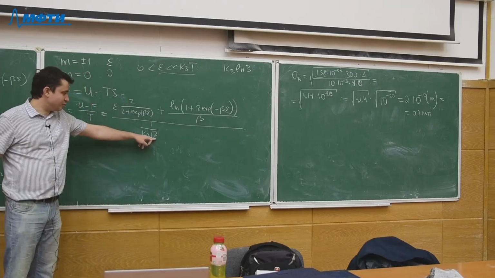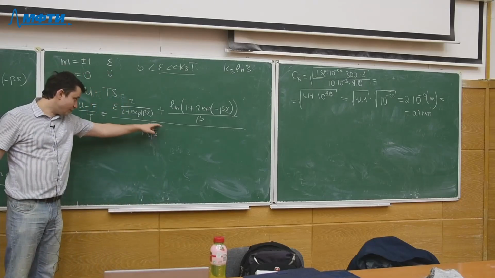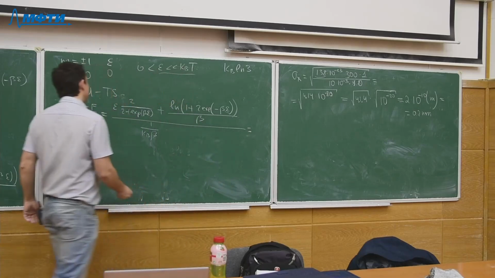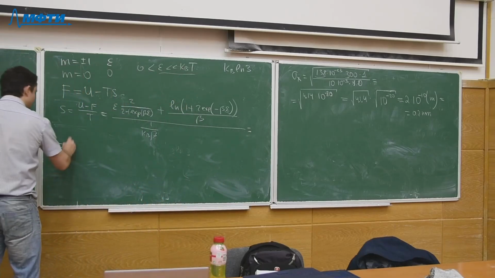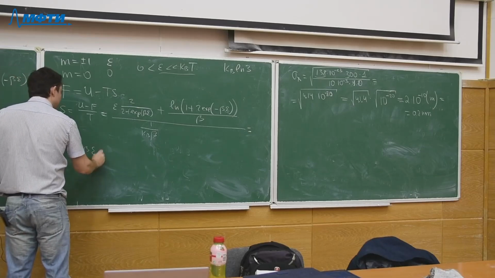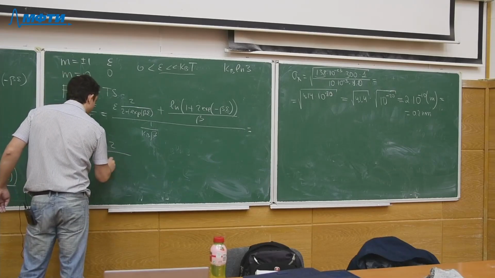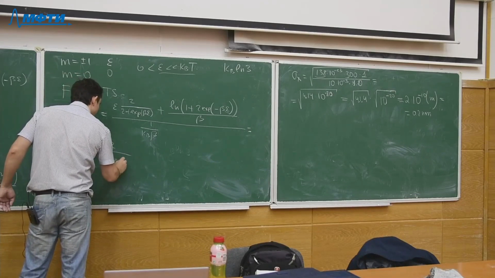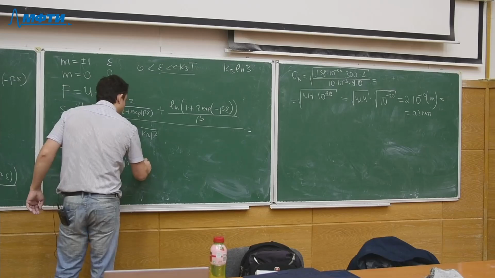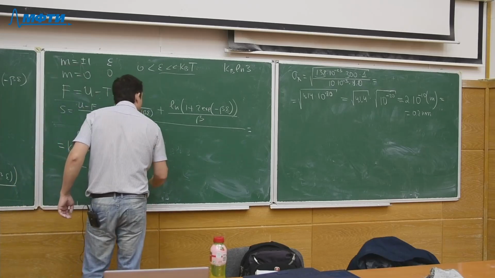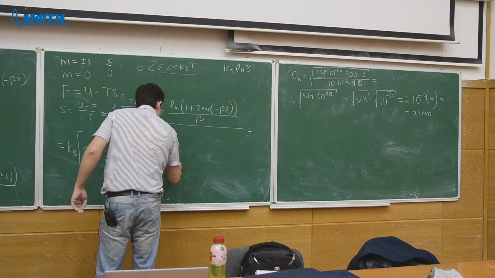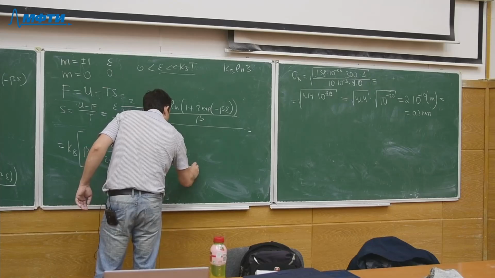If I take beta to be equal to 1 over kBT, then this becomes exactly the temperature. So now I get the final answer for the entropy. That is kB times, beta epsilon multiplied by 2 over 2 plus exp beta epsilon, plus a logarithm of 1 plus 2 exponents of minus beta epsilon.